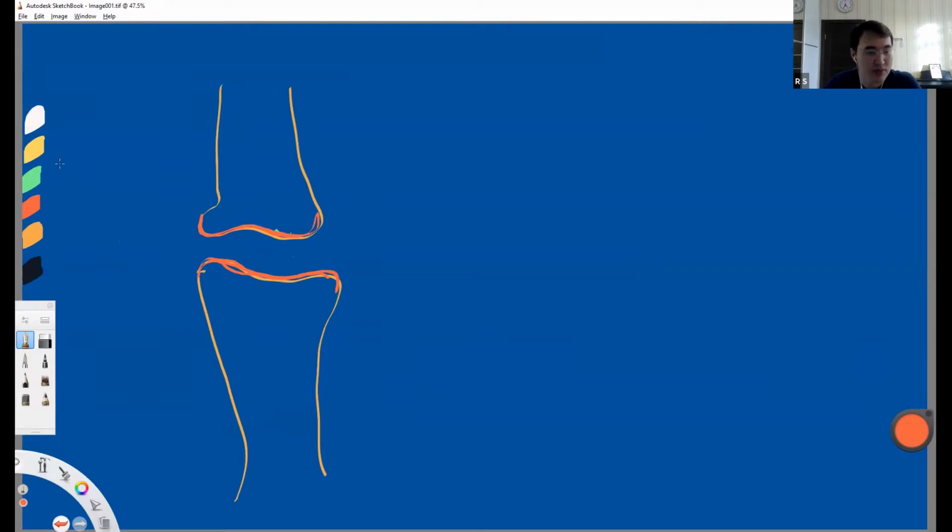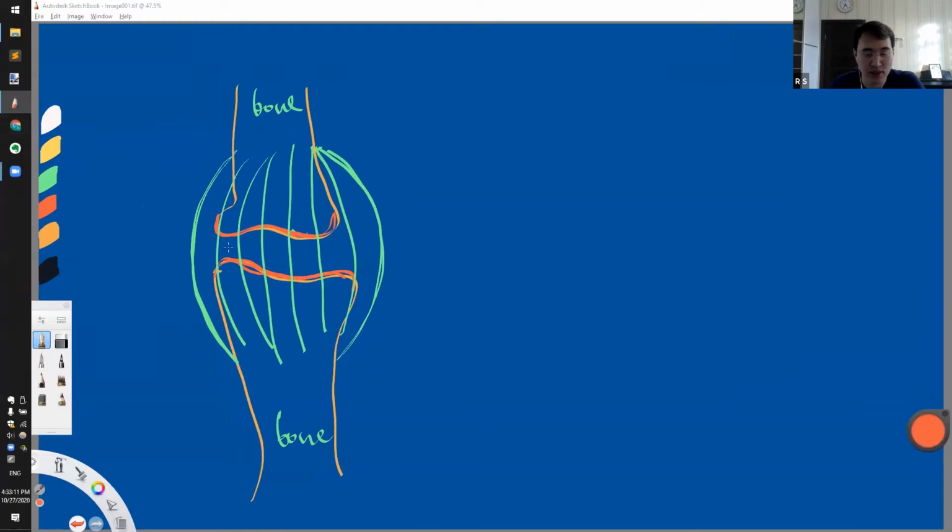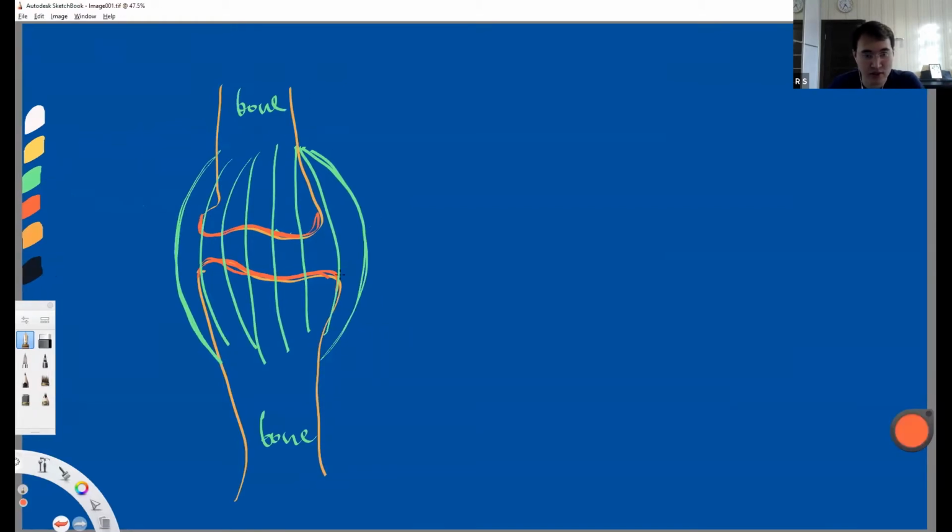We also have the system that connects them like this, creating the capsule of the joint, okay? So these filaments, they are ligaments. They connect bone to bone. And the cartilage, again, is about the surfaces of the bones.